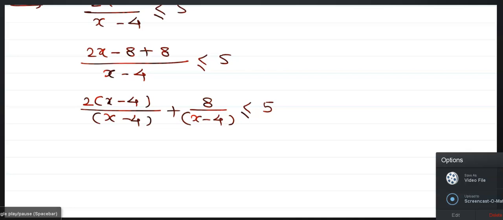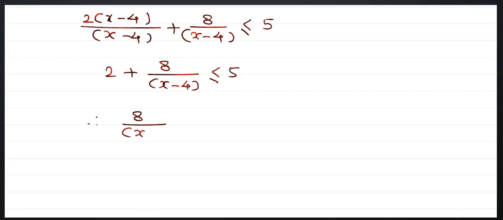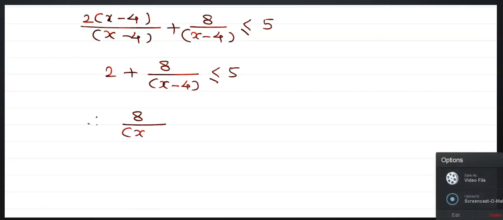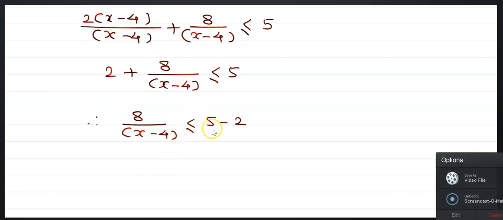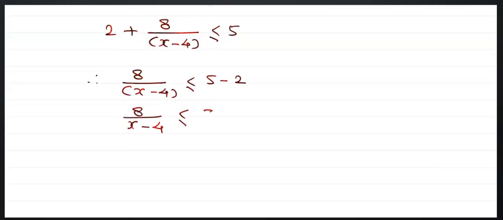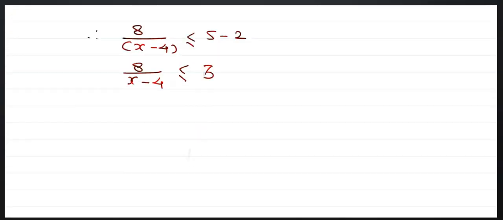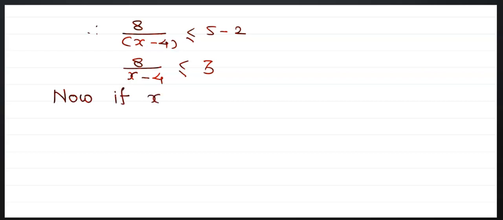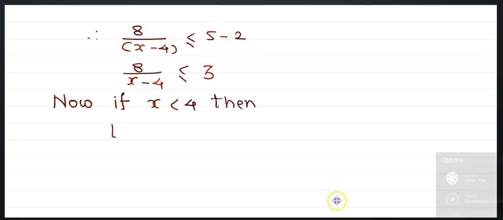Therefore, now this is written as 2 plus 8 upon x minus 4 less than or equal to 5. Therefore, 8 upon x minus 4 less than or equal to 5 minus 2. Therefore, 8 upon x minus 4 less than or equal to 3. Now, next simplification. If x is less than 4, then no problem.